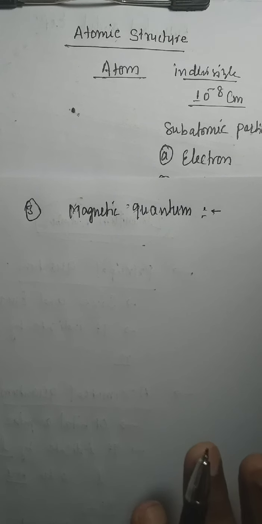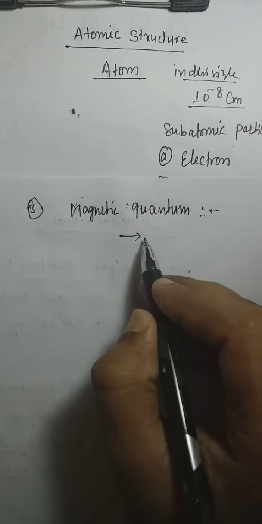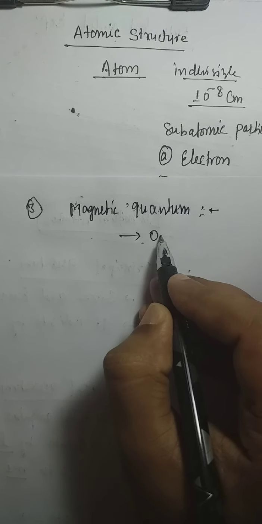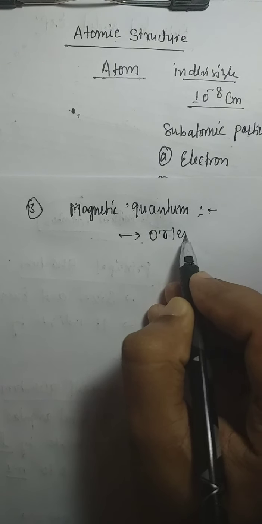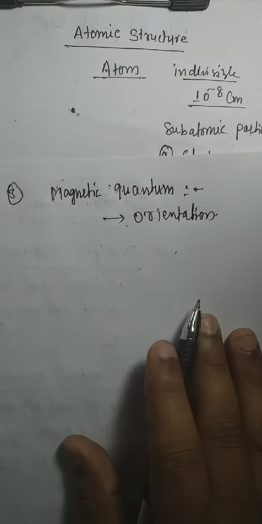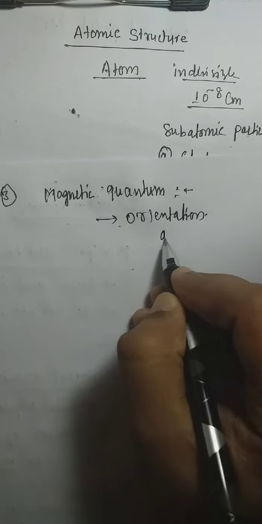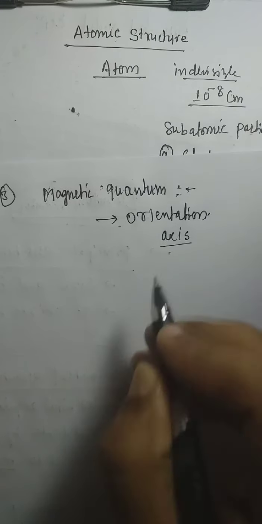We write simply magnetic quantum number, and it gives an idea of orientation. Memorize this. Its key factor is that it gives an idea of the orientation of the orbital with respect to its axis, which is the x-axis, y-axis or z-axis. So it talks more about the orientation.